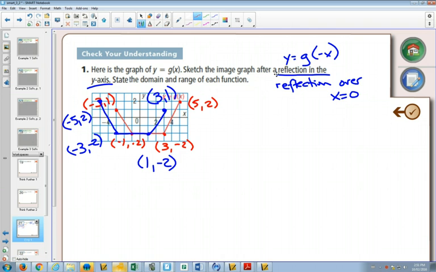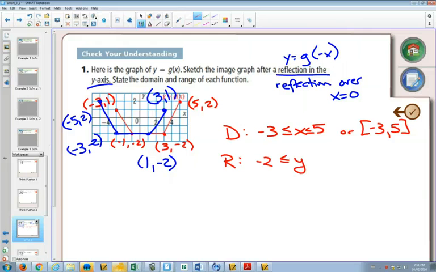Again, color coding things. The domain of my red function, which is the one that we started with, its smallest x value was at -3, and its largest x value was at 5. Its range, its smallest y value, was at -2, and its largest y value was at +2.